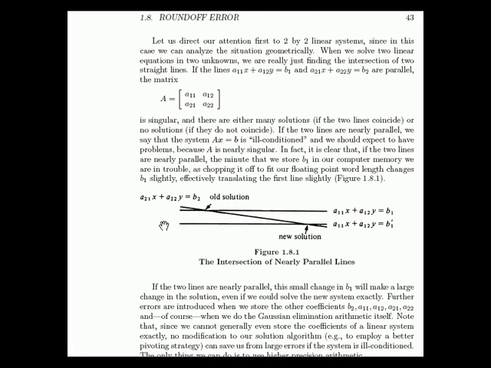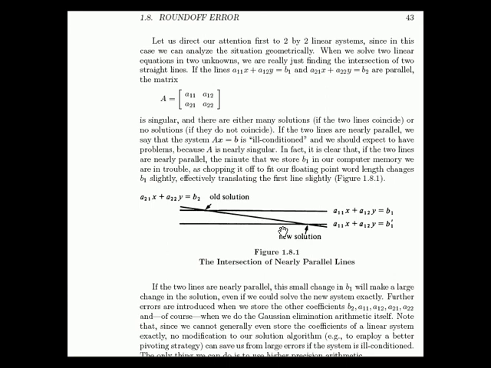Well, to understand how the residual can be so small, even though the error is so large, let's go back to our 2 by 2 example where things are easiest to understand. Okay, we've got an extremely ill-conditioned matrix. That means the two lines are nearly parallel, and that means anything is going to change the solution a lot. Just when you store your elements of A and the right-hand side in the computer, you change the solution a large amount because of the scissors effect.